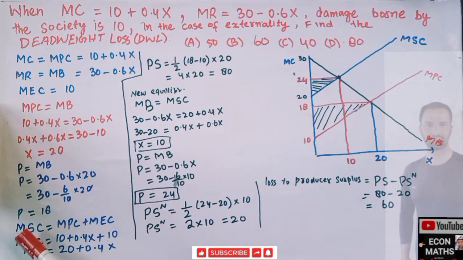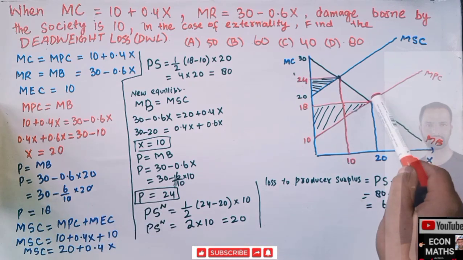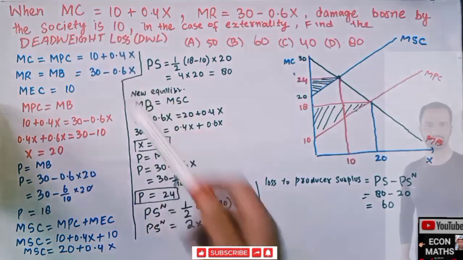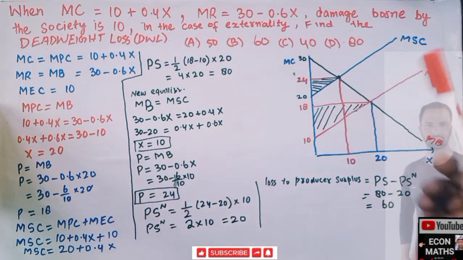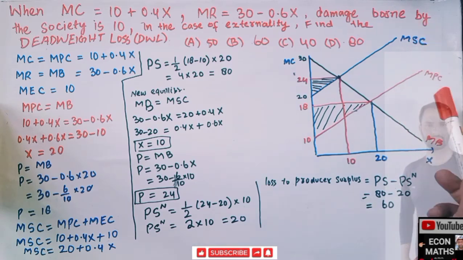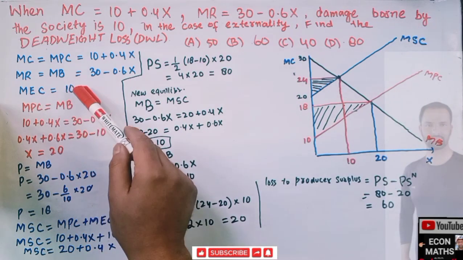After that we calculated marginal social cost. Since there is a cost borne by the society equal to 10, our marginal social cost will be equal to the marginal private cost plus the marginal external cost.